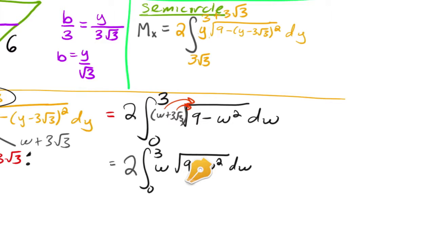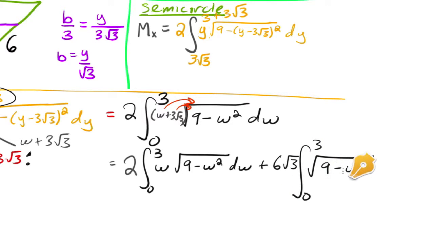And this is going to be a pretty simple one to do using substitution. And then plus 2, well, this is 3 root 3, so let's make that 6 root 3, times the integral from 0 to 3 of the square root of 9 minus w squared, dw.